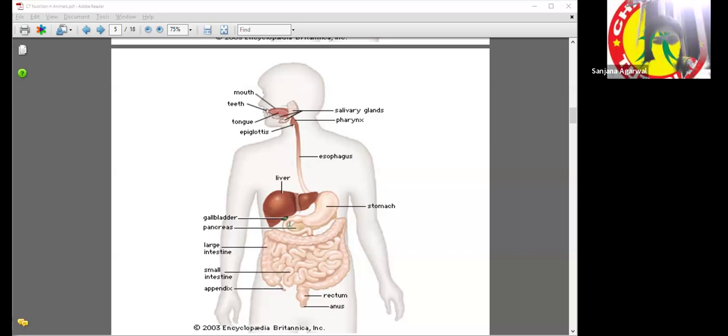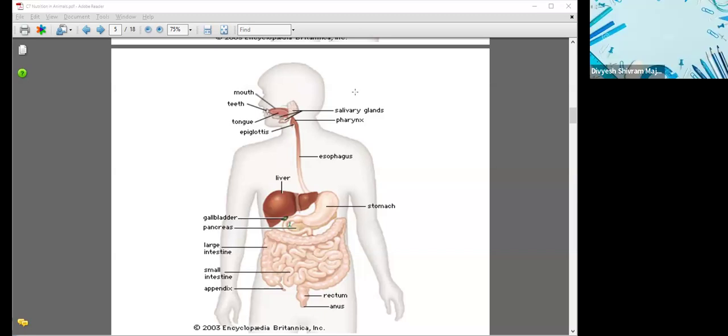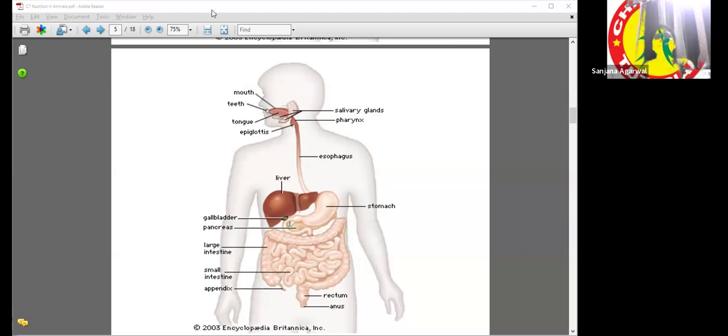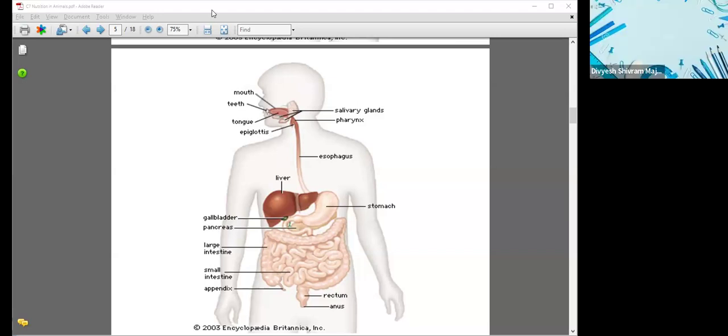Ma'am, ingestion is a process of taking food into our body, and different organisms take food in different ways.